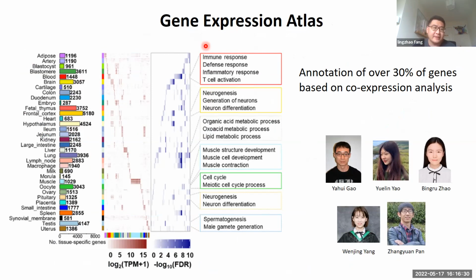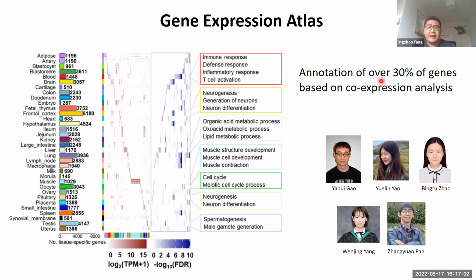By looking at this data set, we can detect tissue-specific genes, that is, genes specifically highly expressed in a particular tissue. Then we can look at the function of these genes, and you can see that their function clearly reflects the tissue biology.